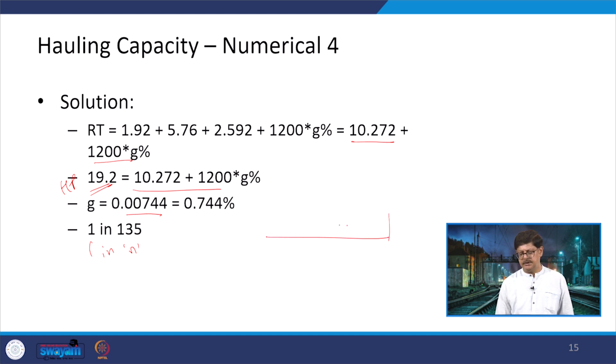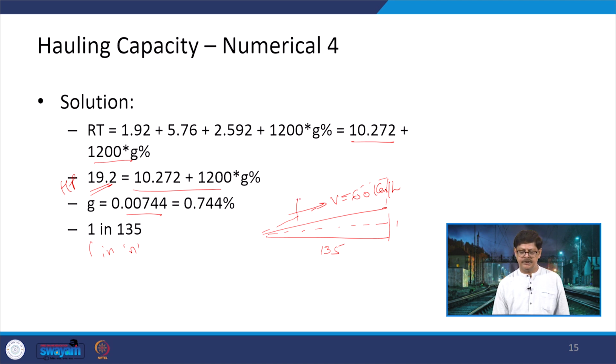So, we are saying that if you go here, this is 1 in 135, then the train which is moving here can move at a speed of 60 kilometers per hour. If the gradient is increased in this form, then this speed will reduce. This is the limiting value, and if we go down here, then the speed can increase.